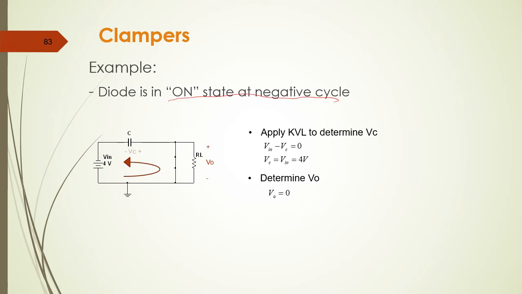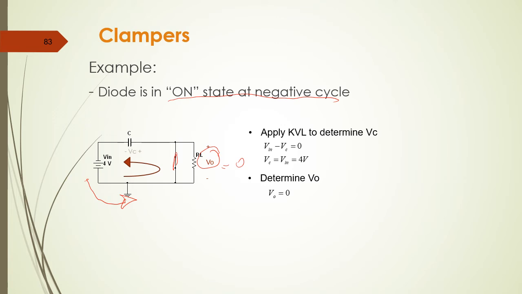Then you apply KVL to determine the VC. So when the diode is on, we assume that this is short circuit already. When this is short circuit, V out or V naught is equal to 0 because the current will bypass V naught. So we take the KVL anti-clockwise.